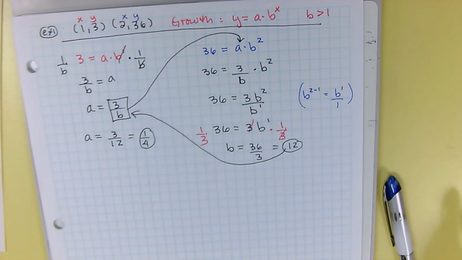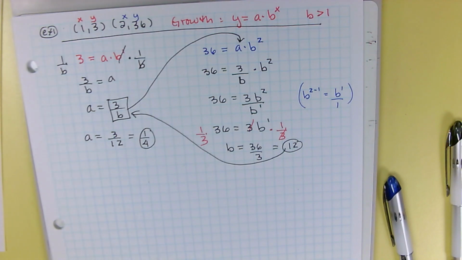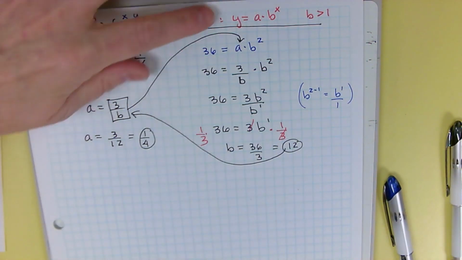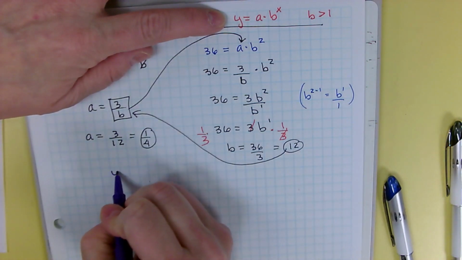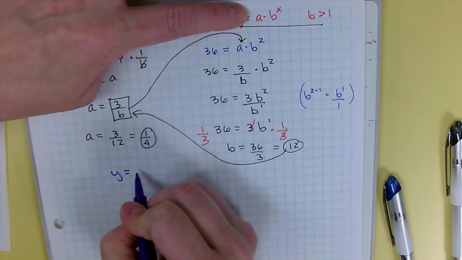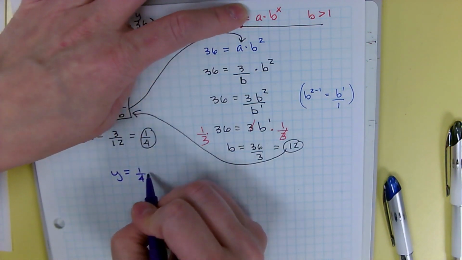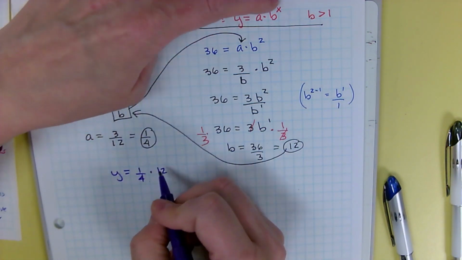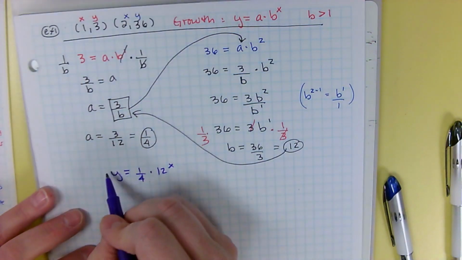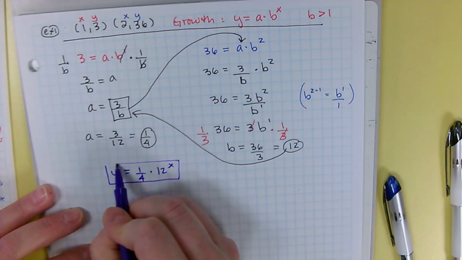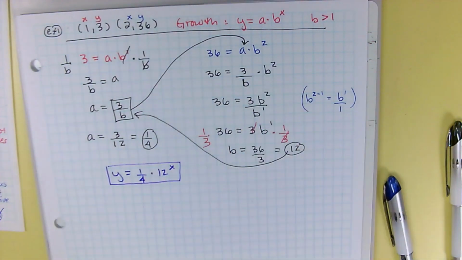So now that you have a and you have b, we're going to put the equation together. So the x and the y go back in, and we get y equals a, which is 1/4, times b, which is 12, to the power of x. So you just fill your a and your b back into the growth formula.